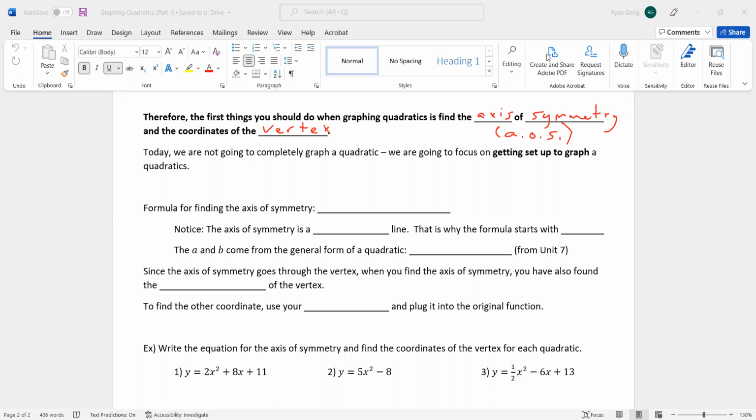So how do I do that? How do I find that axis of symmetry? There is a formula. The formula is very key. You need to make this stand out as much as you can. The formula is x equals negative b over 2a. Okay. Notice the axis of symmetry is a vertical line.